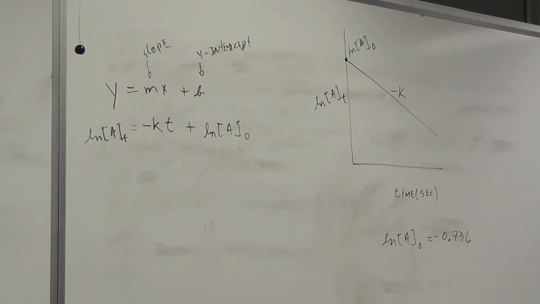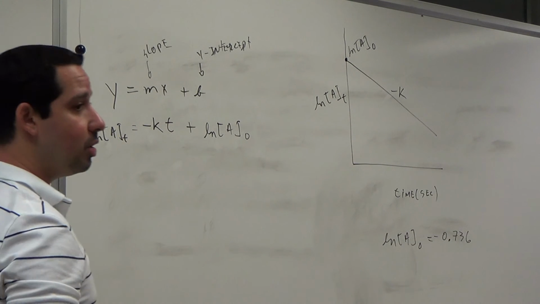Does it mean that it's a zero order reaction? I mean, the y-intercept is a number, yes? It's a number. They're all numbers. So the y-intercept is equal to a number.